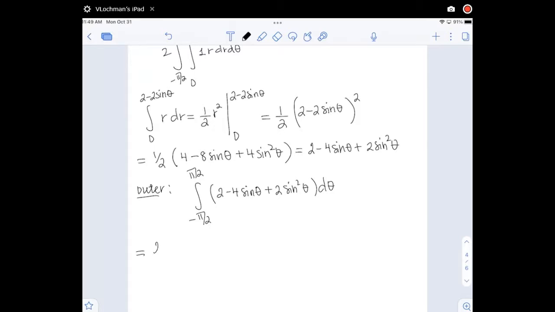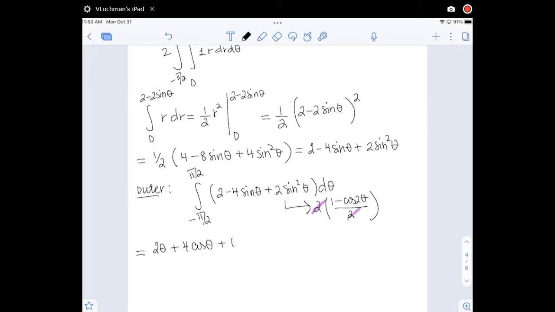So now we can integrate all of it, right? This is 2 theta. This would be 4 cosine theta. What about this guy? This is 2 times 1 minus cosine 2 theta over 2. So the 2 and 1/2 cancel out, and we get 1 minus cosine 2 theta.